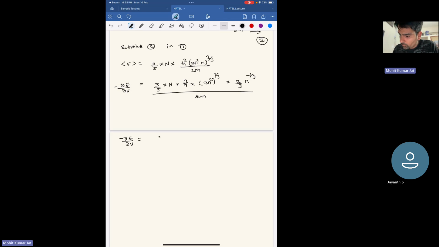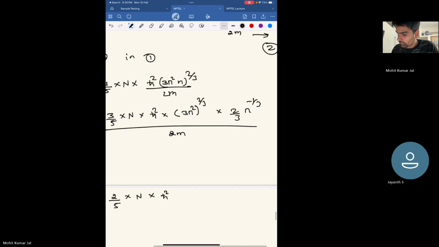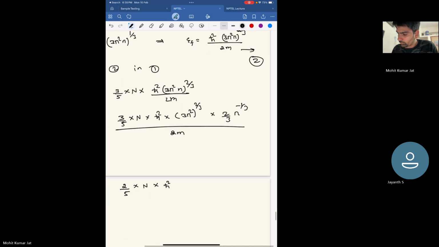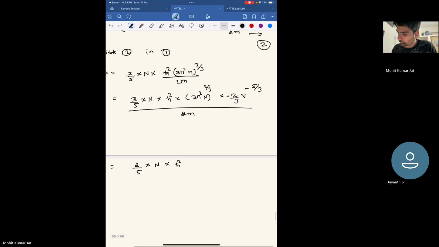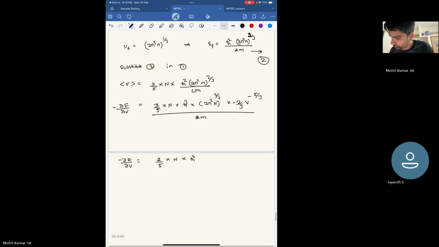Three cancels, so it equals 2 by 5 times n times, actually it will be 3 pi square n and V to the power minus 2 by 3. So minus 2 by 3 and V to the power minus 5 by 3.